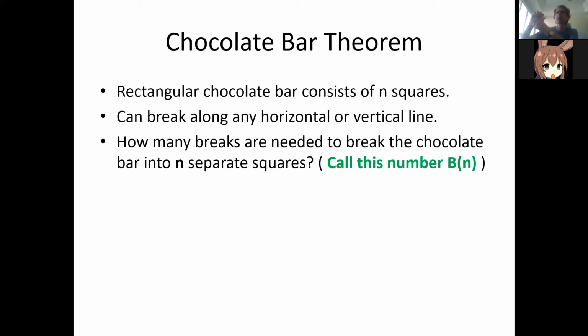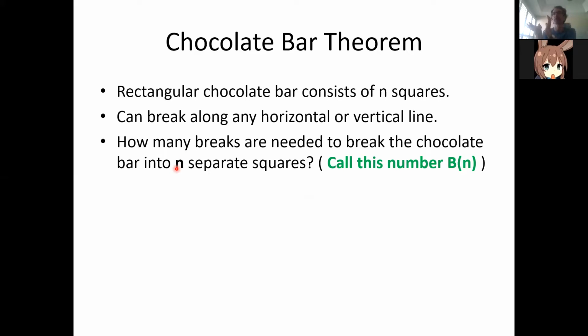You can split it along either a vertical or horizontal line, by taking the piece of chocolate and breaking it along these dimensions. Let's call that action a break. How many breaks do you need in order to completely divide a chocolate bar, assuming that the total area is n?